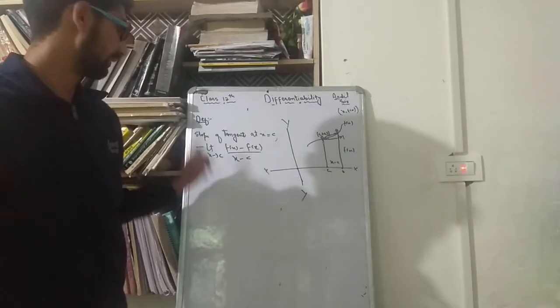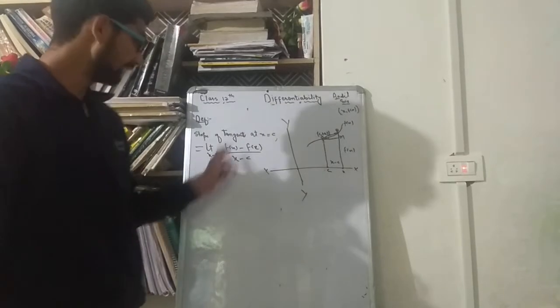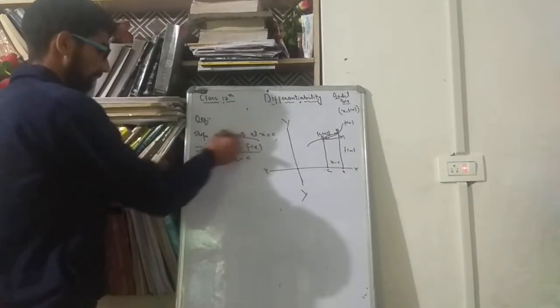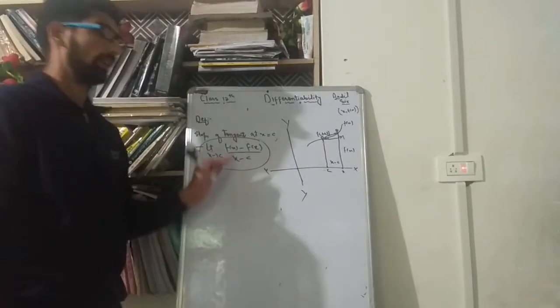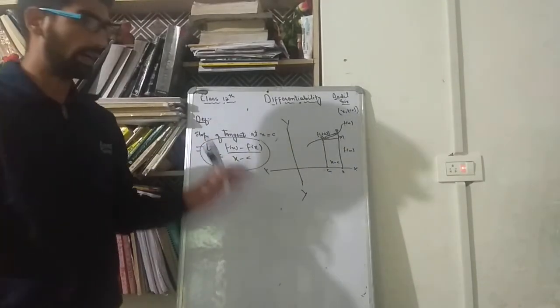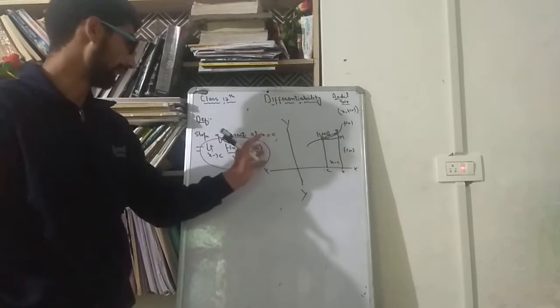Now, if this limit exists, then this slope of the tangent is called the derivative, or the differential coefficient, of f of x at point c.